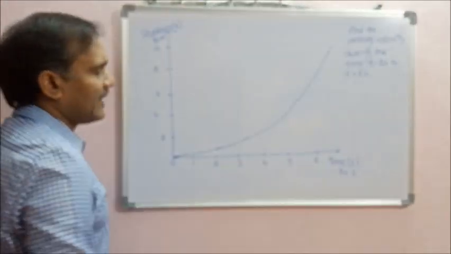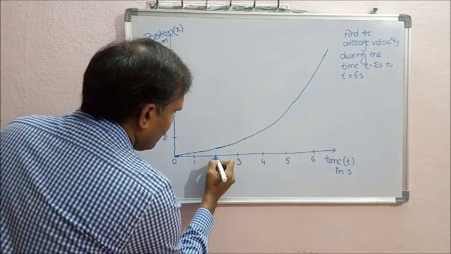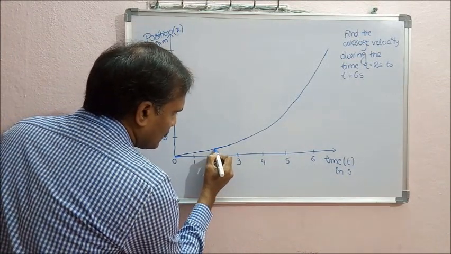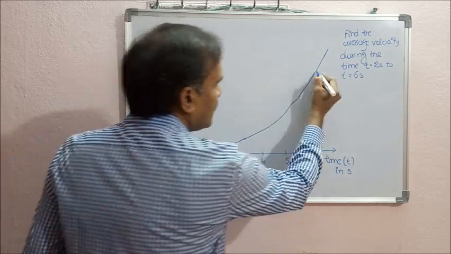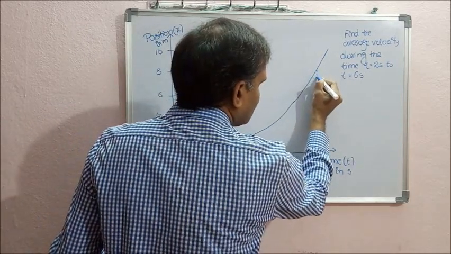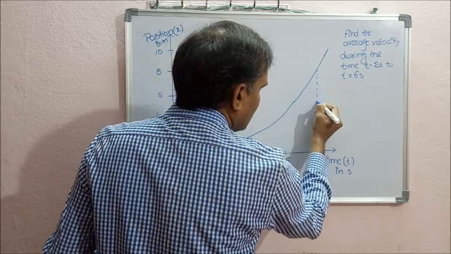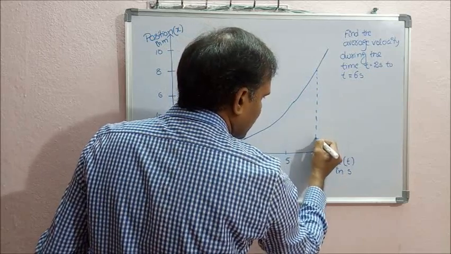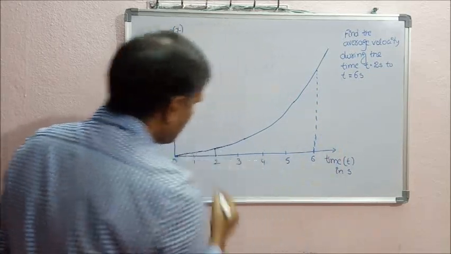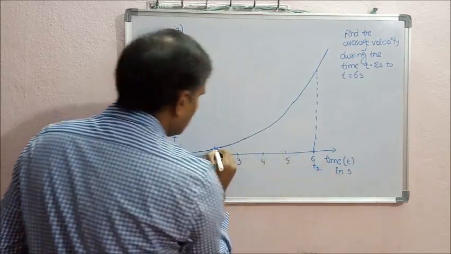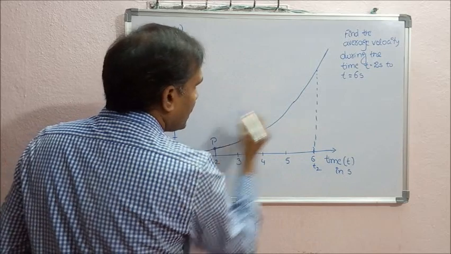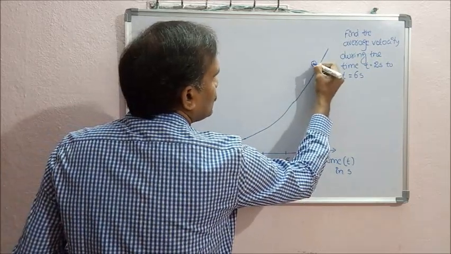Now to find out the average velocity, first with respect to this 2 seconds you draw a line in this manner. Now here also with respect to 6 seconds you can drop a line from the curve to this point. You can assume it as t1 and it is t2. This point is P and this point is Q.